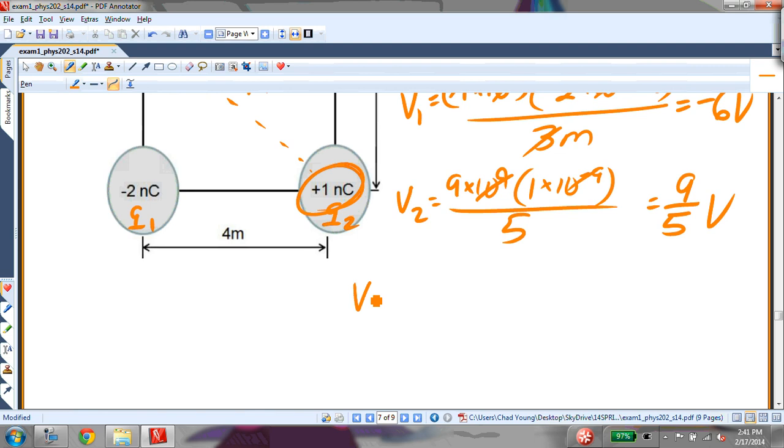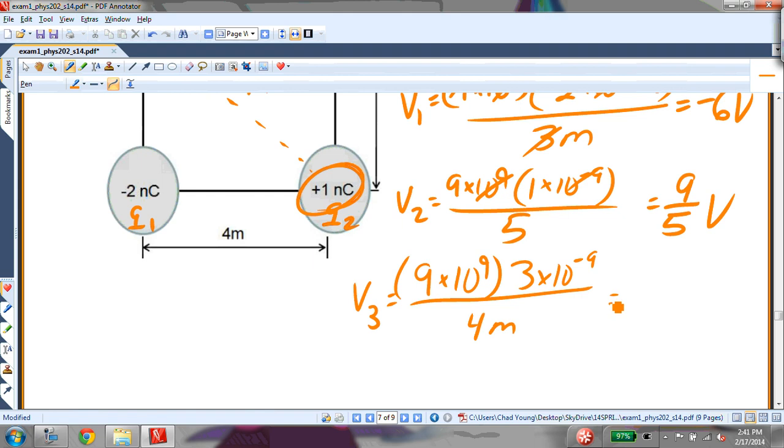And then V3 is, this is 6 3/4, 6.75 volts. Then just add those up. The total voltage is the sum of those 3 numbers, which is 2.6 volts.